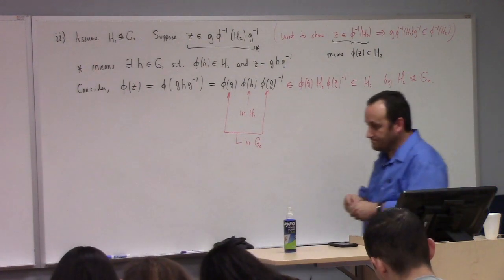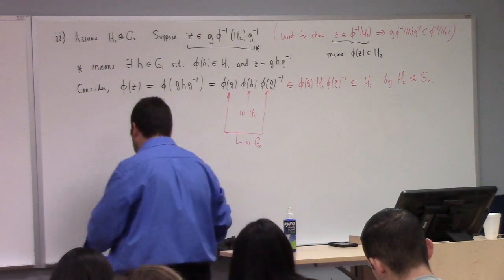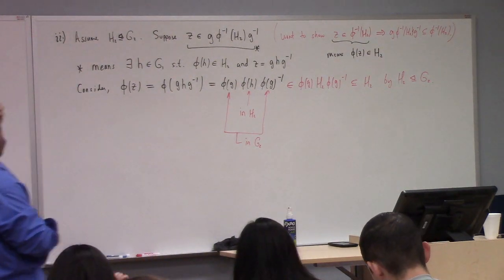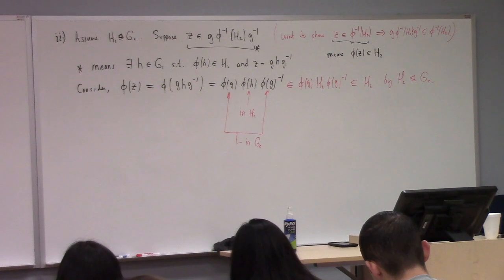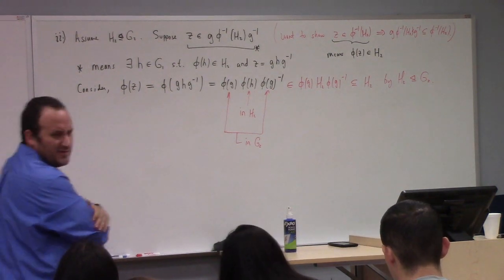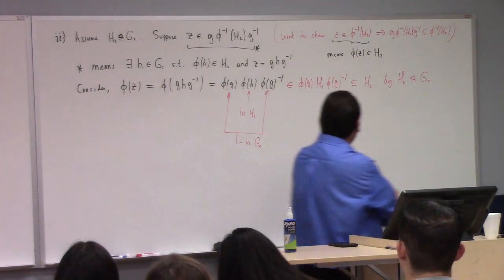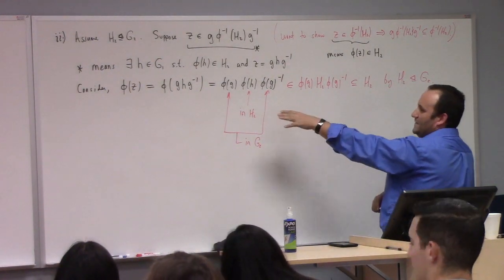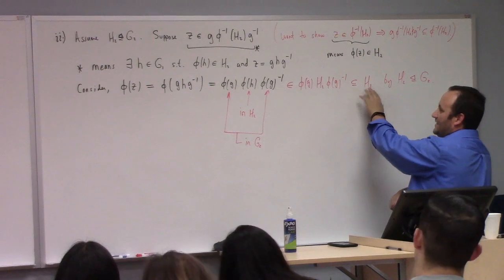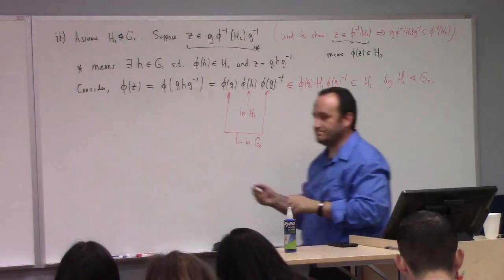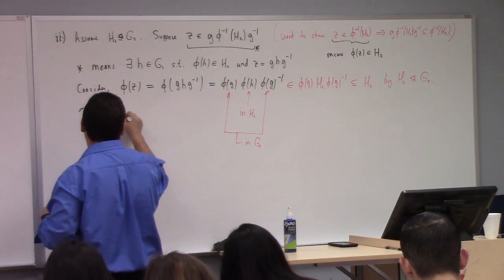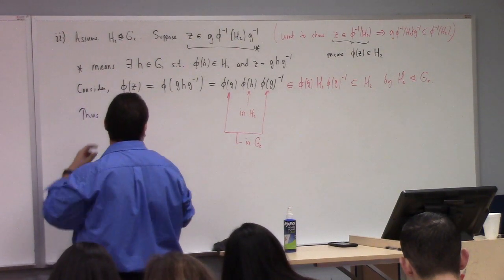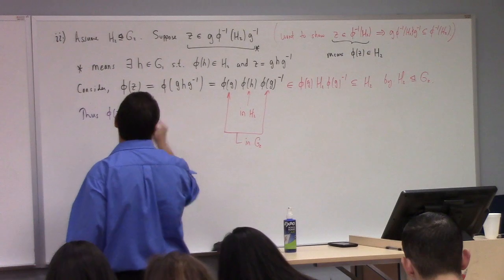So what have we shown then? We have just shown that phi of Z is an element of H2. I'm sorry, Emily, that red is really hard. Thus, phi of Z is an element of H2, right? Which is what we were trying to show.